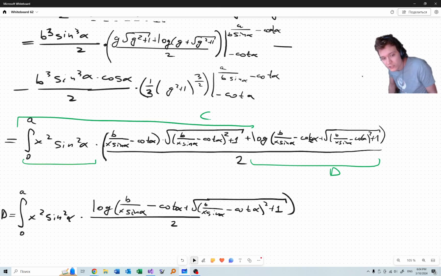This is our last integral. If we solve it, we will be happy.